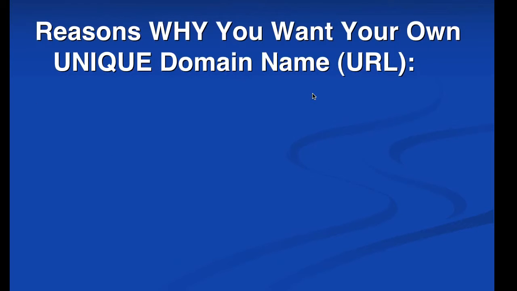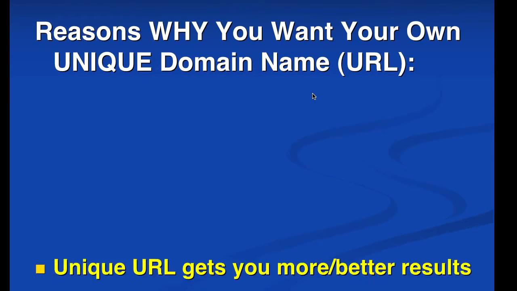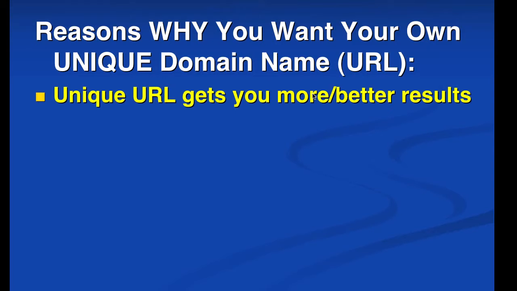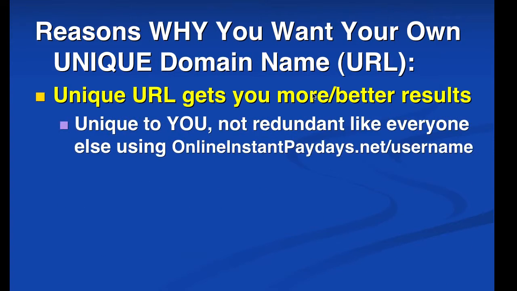A few more reasons why you want your own unique domain name or URL. The unique URL is always going to get you more and better results than that longer affiliate URL is going to get. Number one, it's unique to you, so it's going to eliminate the possibility of any redundancy.